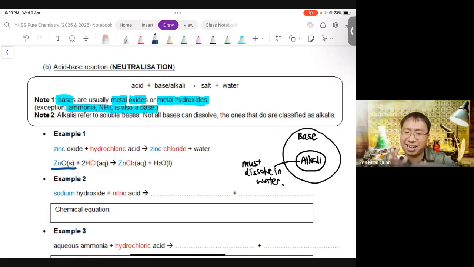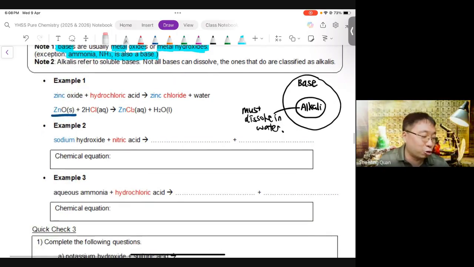Now, we will take this slowly. You will see which ones can dissolve, which ones cannot dissolve. I will go through slowly with you in class. But what's more important again is to write the equations. So again, I'm going to go through quickly with you. Example 2 and example 3. Example 2, sodium hydroxide plus nitric acid.